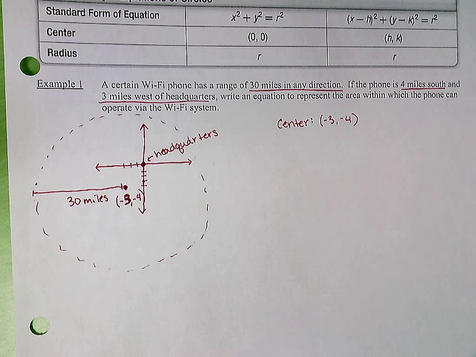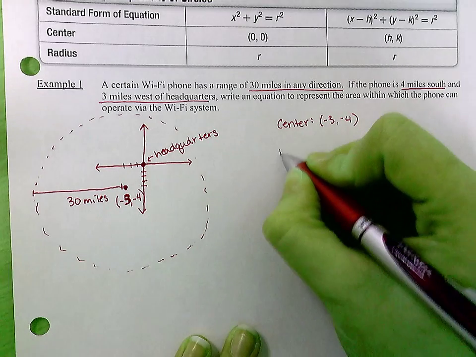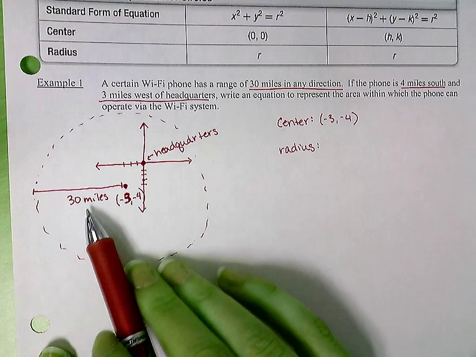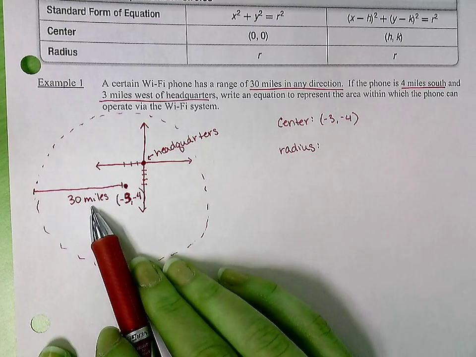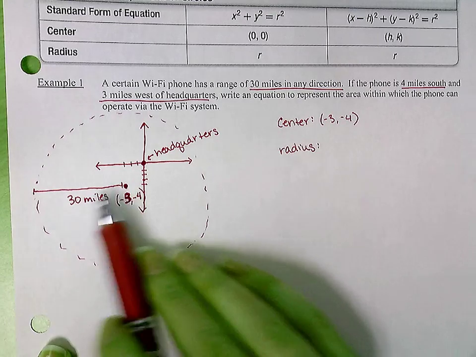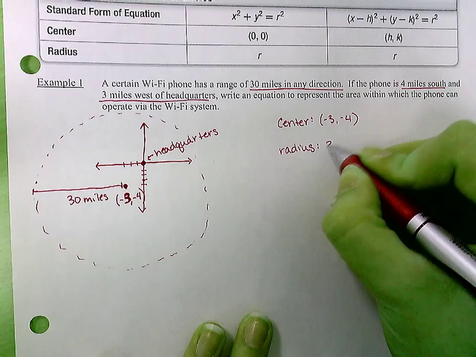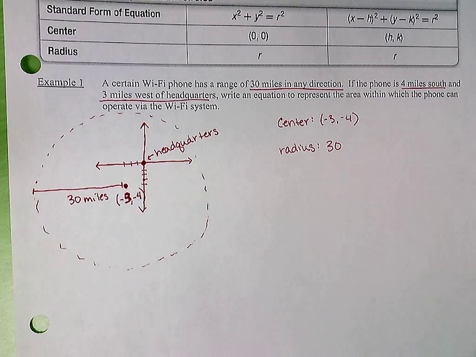I need the center point in order to write out an equation of a circle. I also need the radius. Your radius in this case is going to be 30. It's that same distance from the center to any outside point around it. So our radius is 30.